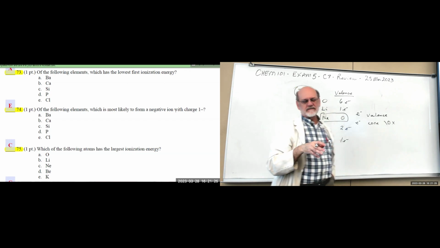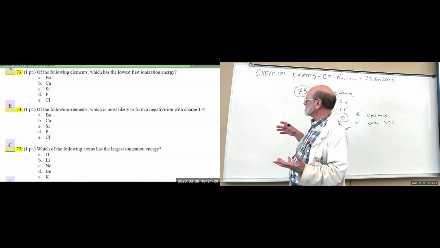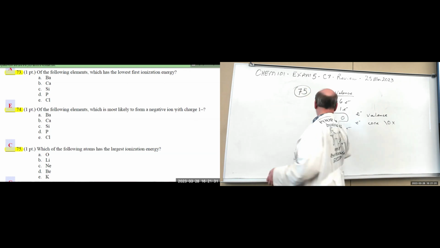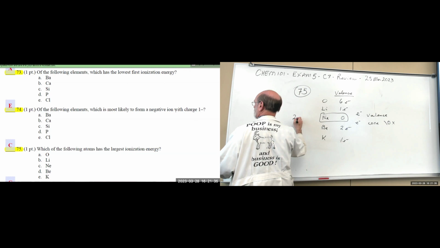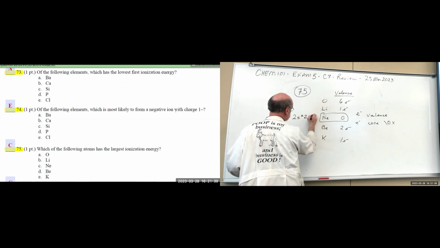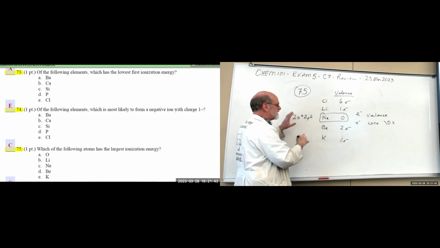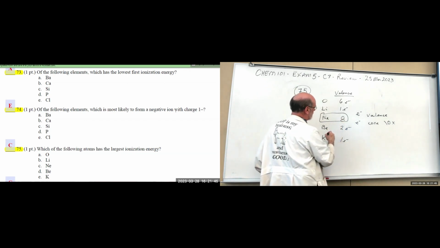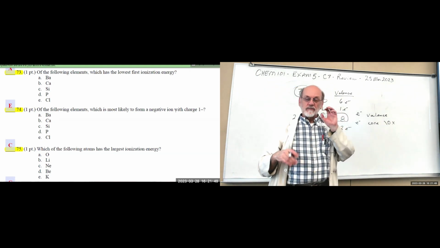Now, technically speaking, neon has 2s2 and 2p6. So these are technically the valence electrons, so it has 8. But those orbitals are completely full.